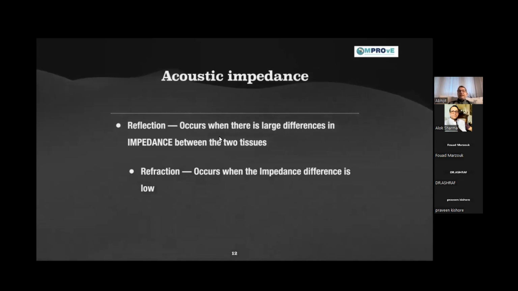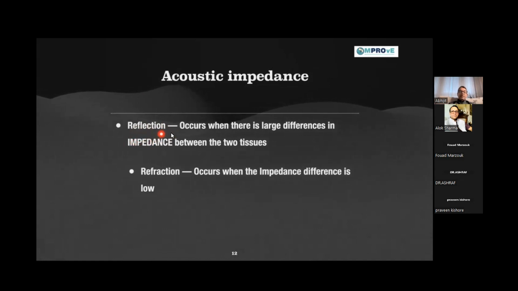If it is a very dense medium, for example bone, bone will absolutely reflect everything that hits it, and all of the waves will be returned back to the transducer. So all of the waves are coming back, and you will get a bright image on your screen. It has a very high resistance, so a higher impedance. And if the impedance is low, some of the waves will pass through and some will be refracted.